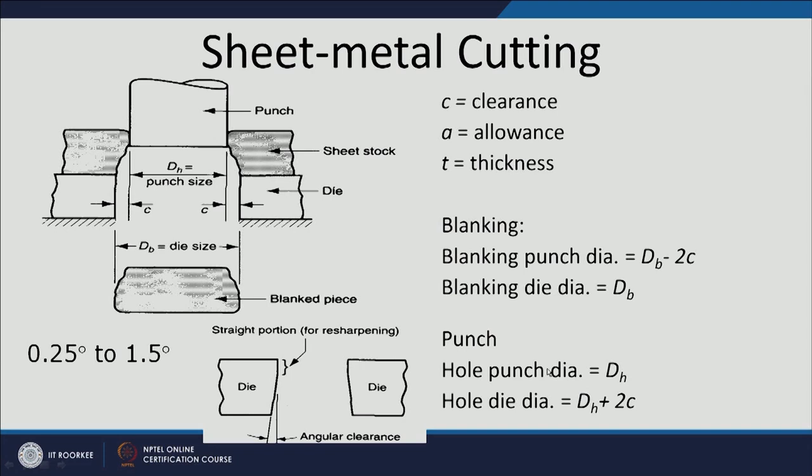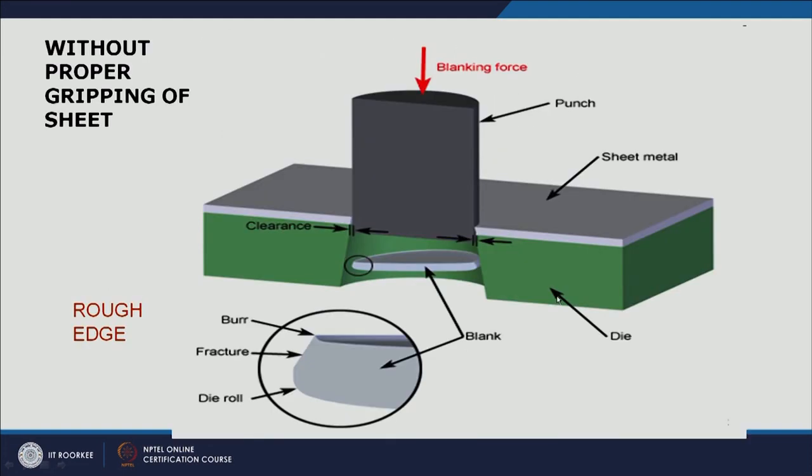So which one is given clearance will be governed by the kind of operation which is to be performed. This is what we can see, that when the sheet metal is not gripped properly, we get a very rough edge having the deformed zone, burnished zone, fracture zone and the burr, due to the little movement of the sheet metal in the course of punching.